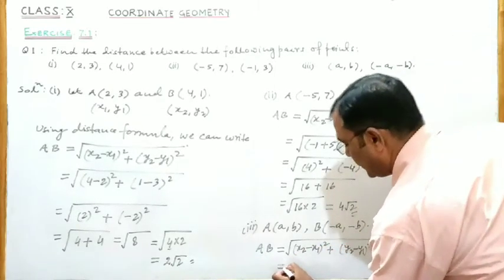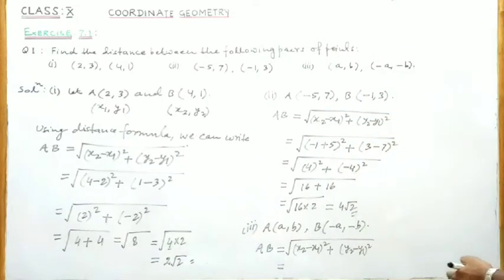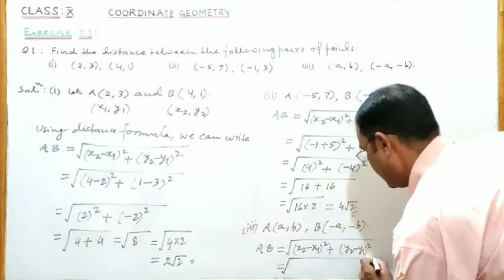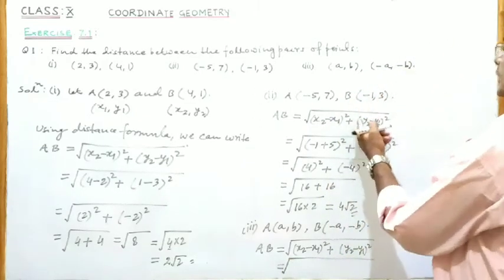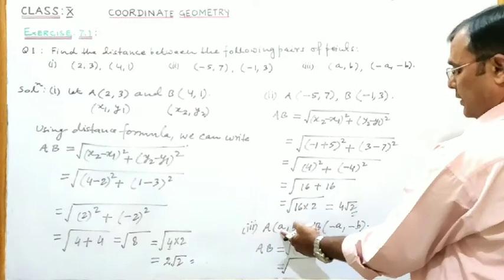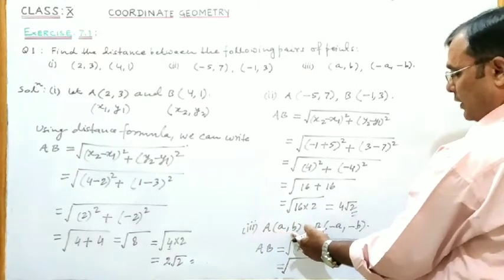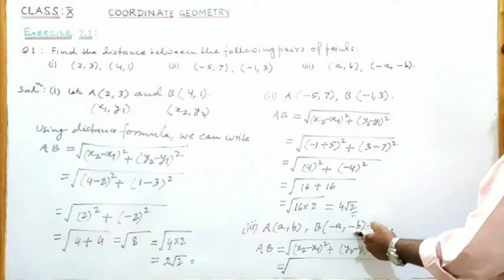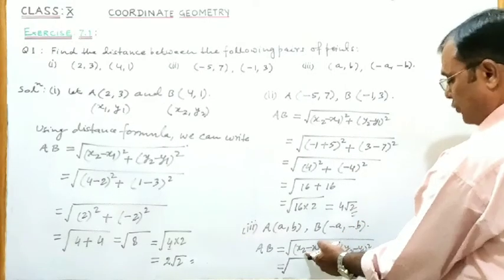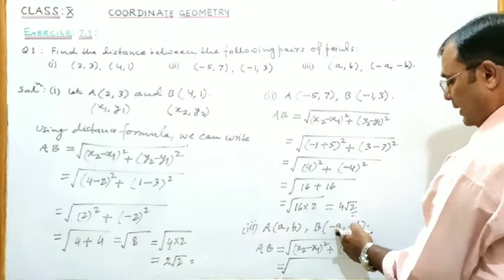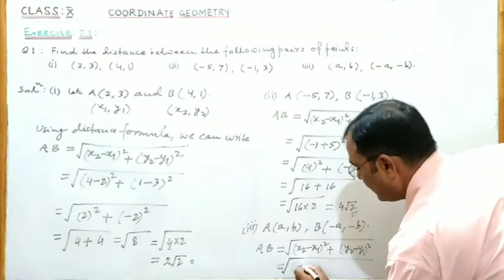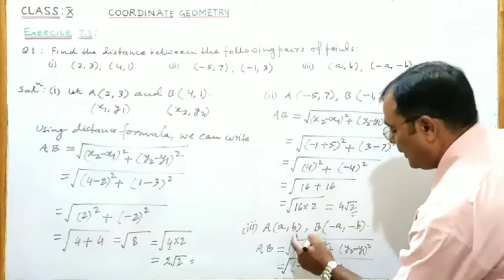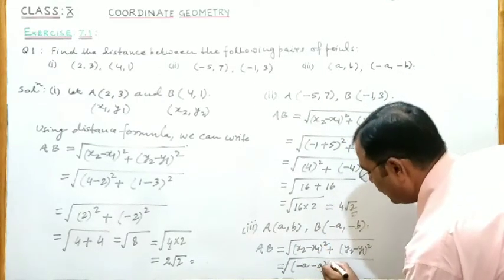Now let's put the values of x1, y1 and x2, y2. This is under root, here x1 is A, y1 is B, x2 is minus A, y2 is minus B. So x2 minus x1 means minus A minus, in the formula, A, whole square.